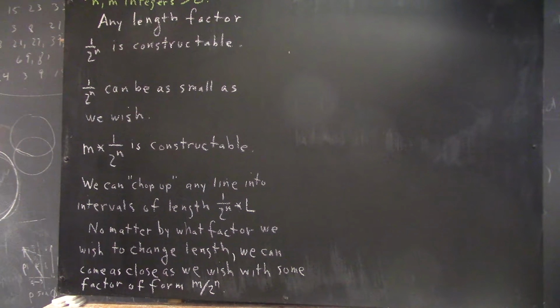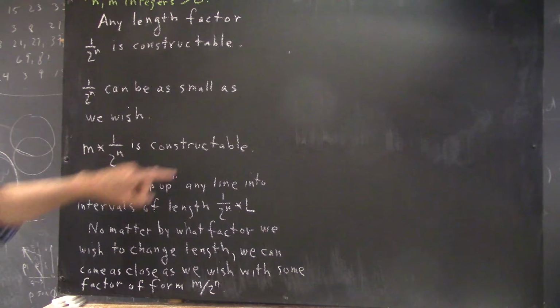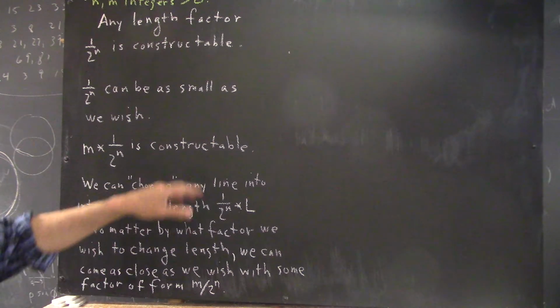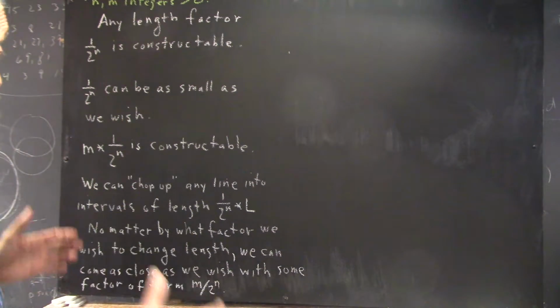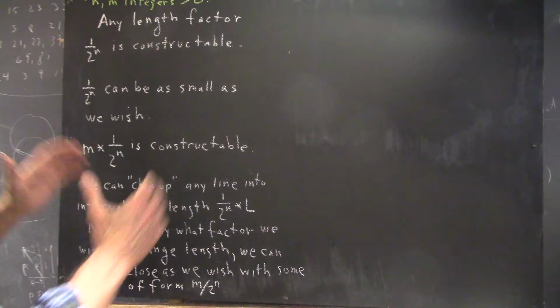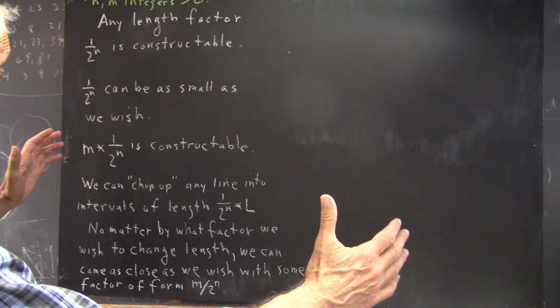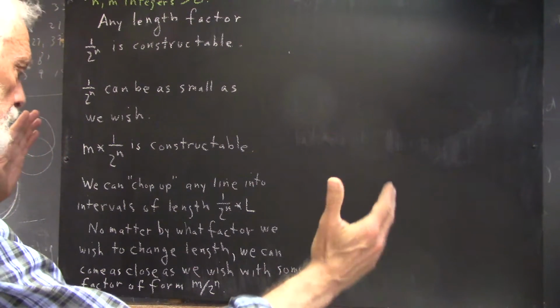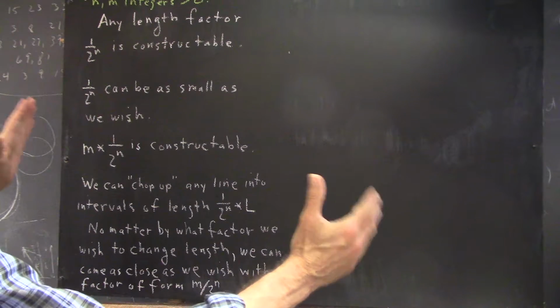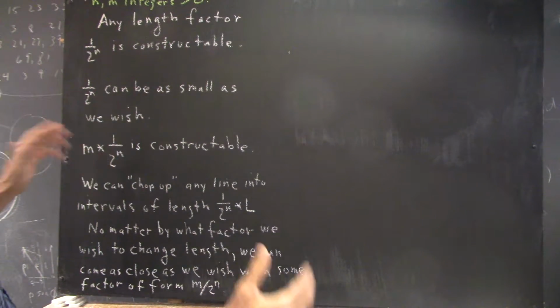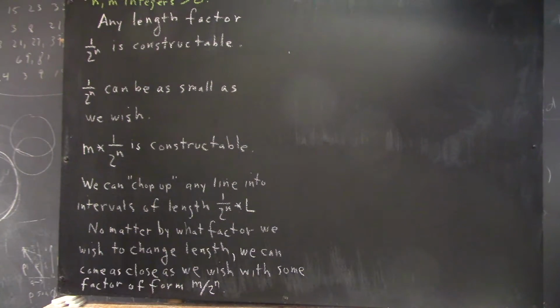Then it follows that m times 1 over 2 to the n is constructible. By constructible, I mean we can, at least theoretically, construct it with compass and straight edge. We can take any line and find a line whose length is m times 1 over 2 to the n times the length of the original.